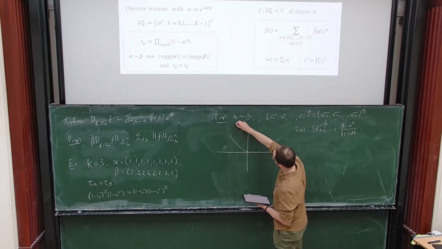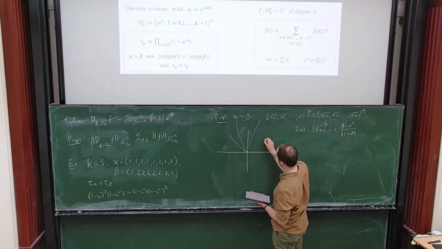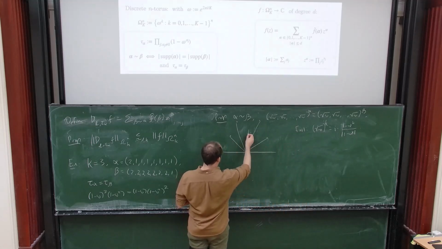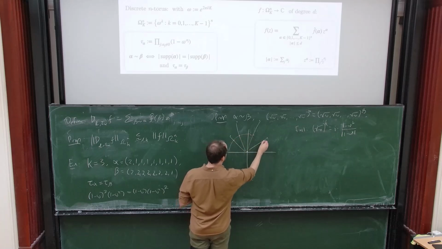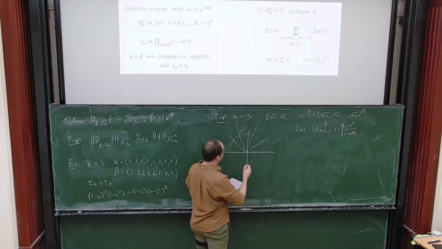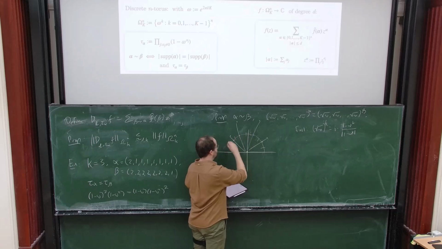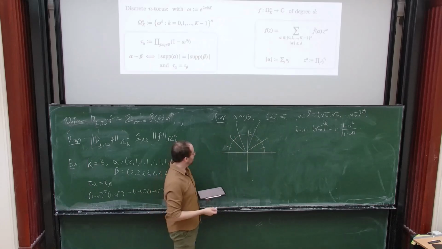And we want to divide by the modulus, so here are the rays. The norm 1 points are here, here, here, and here. And it turns out that all these angles are the same, and they're equal to the square root of omega.